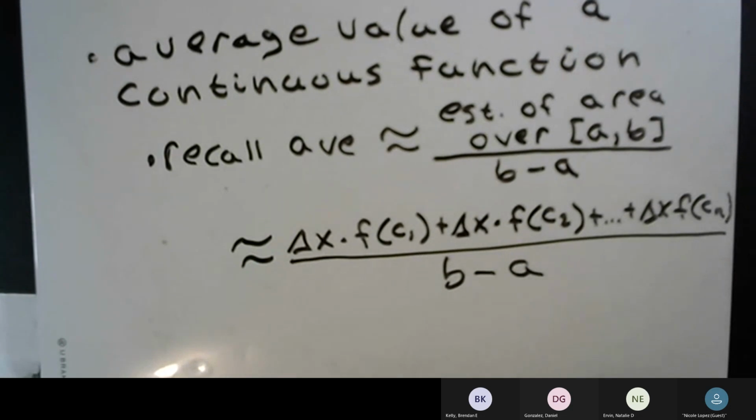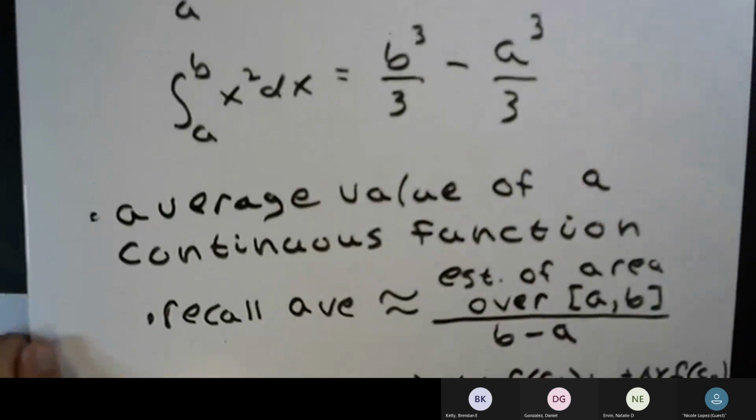So we came up with this formula last time for an estimate of the average value of a function. Well, we're going to do better than an estimate. We're going to come up with a better average value.